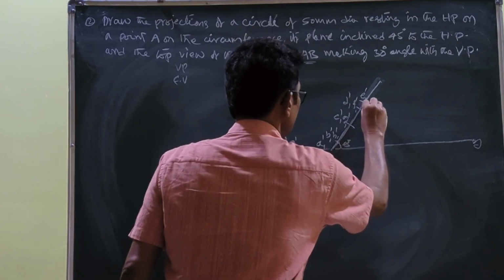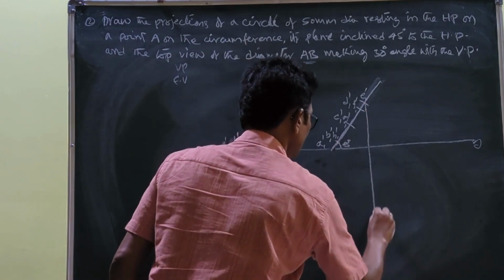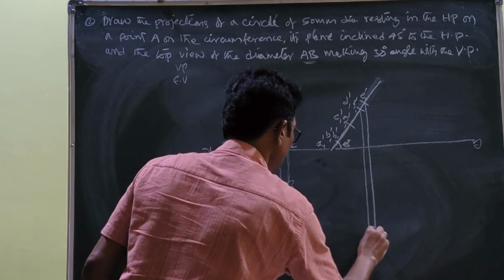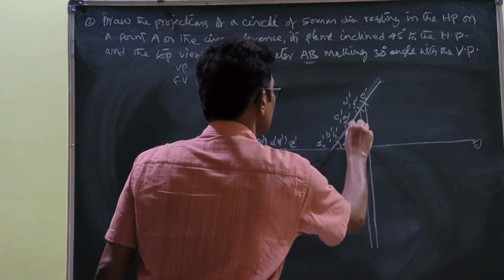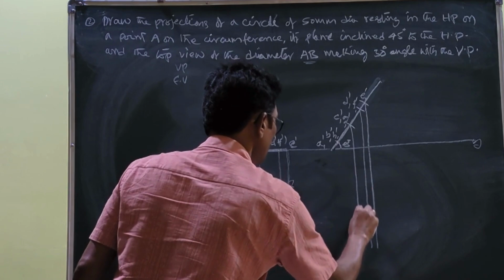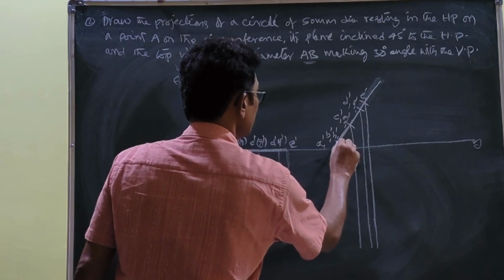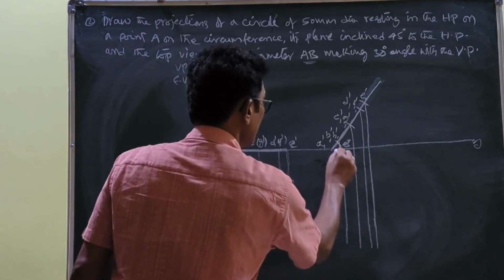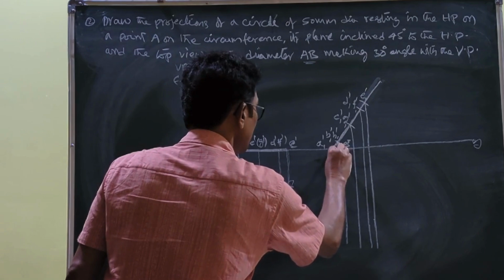Once it is completed, you draw the projectors perpendicular to XY line. Through C1 dash, G1 dash you draw the projector. Again B1 dash, H1 dash you draw the projector. Again through A1 dash you draw a projector.